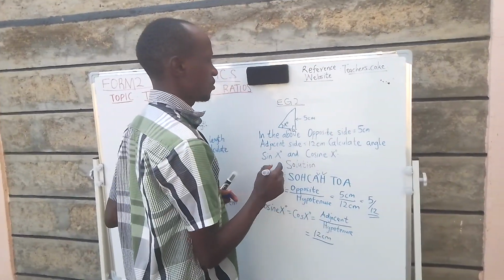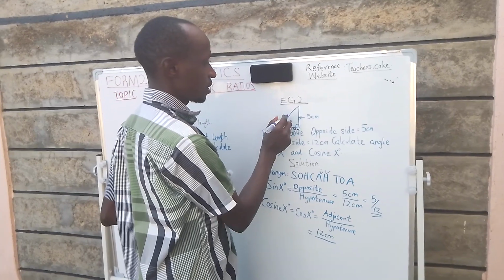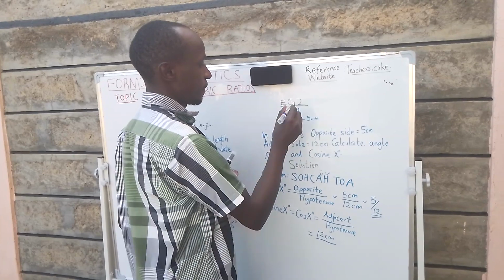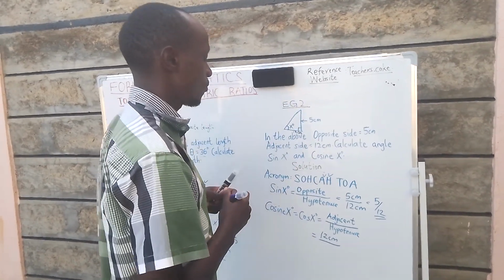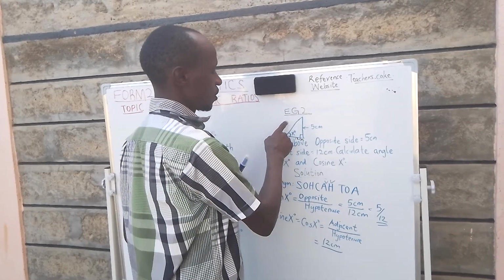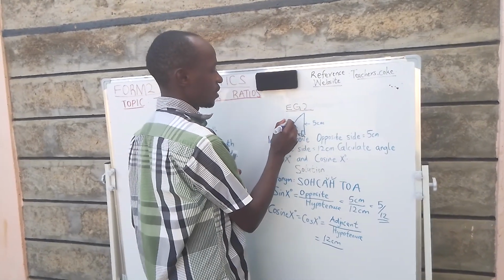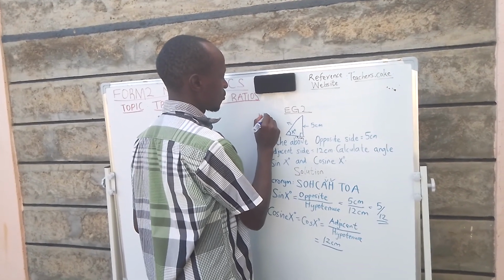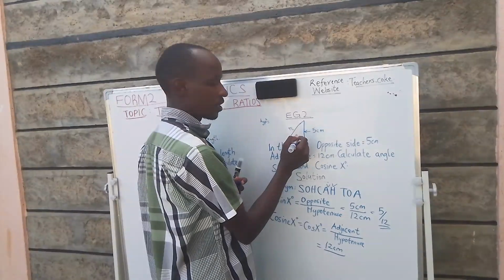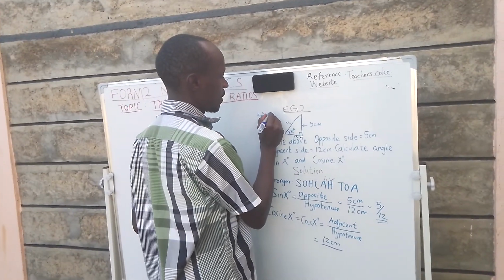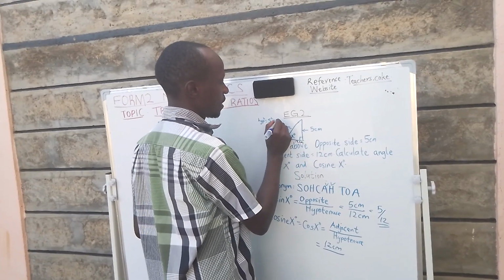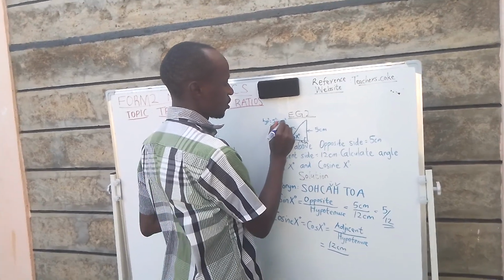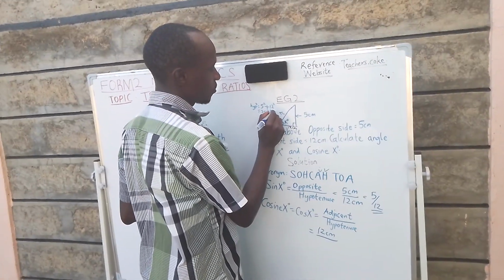What about the hypotenuse? We don't have the hypotenuse, so we are going to look for it using what we learned, the Pythagoras theorem. Hypotenuse squared is equal to the sum of the squares of the two shorter sides, so 5 squared plus 12 squared. 5 squared gives you 25, plus 12 squared gives you 144.